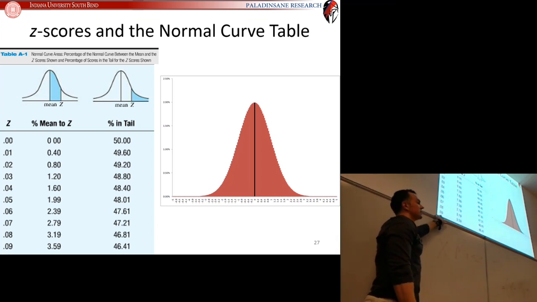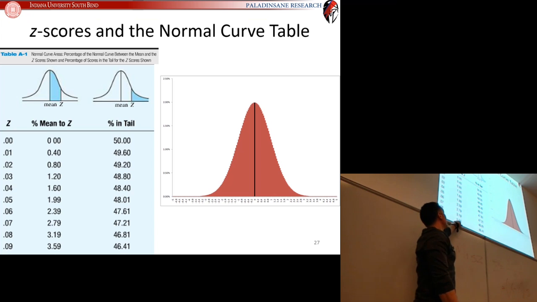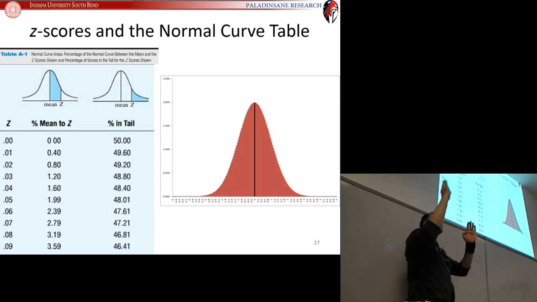The first column here is the z-score. So whatever your z-score is, you can find it in this first column. The second column here is the percent from the mean of the distribution, the center of your distribution, to your z-score. So that is the proportion of the distribution that falls between the center and whatever your z-score is.